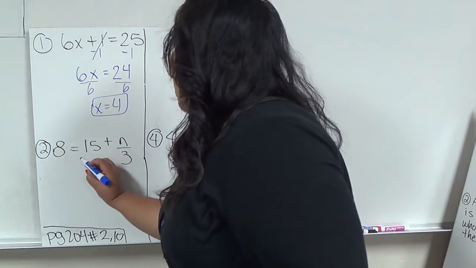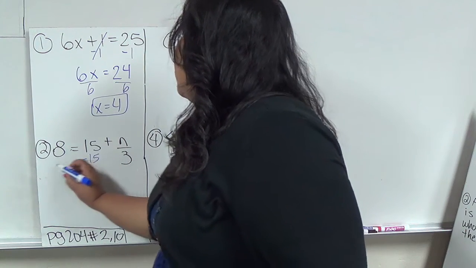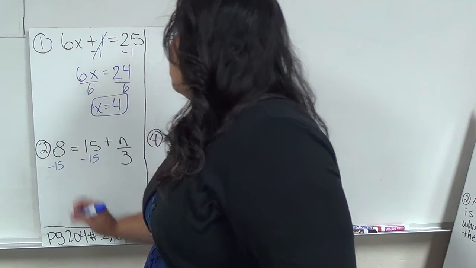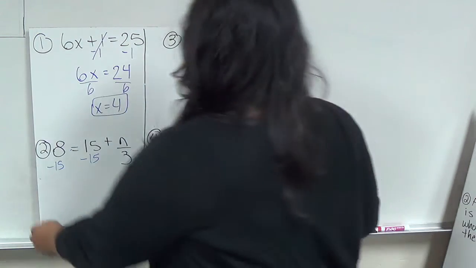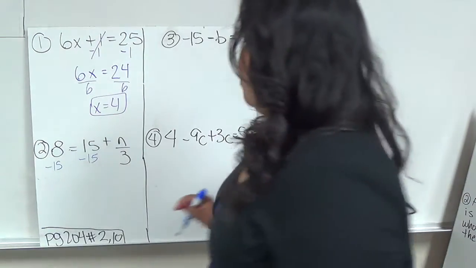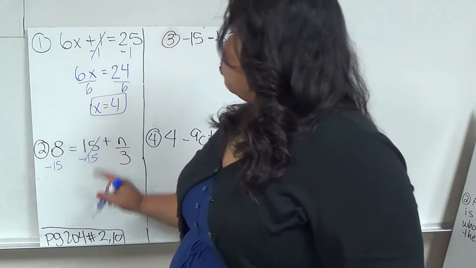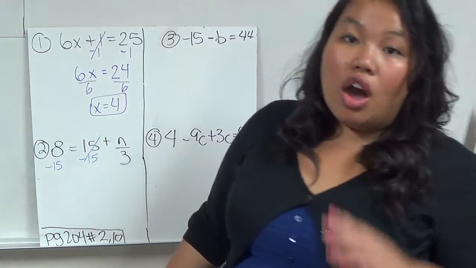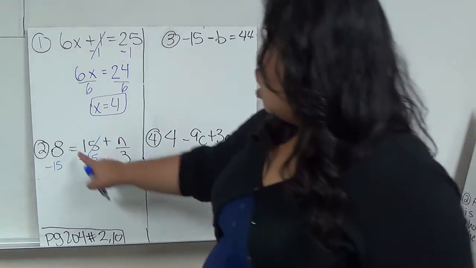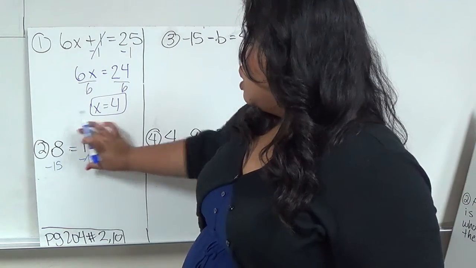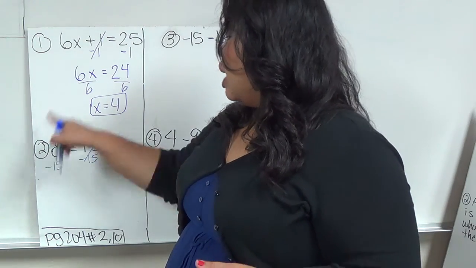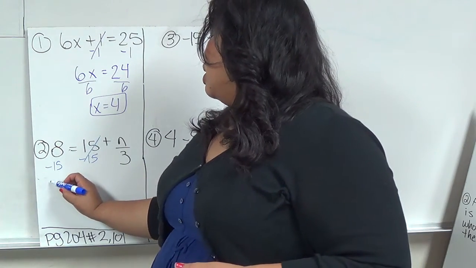Because in order for me to keep balance, it makes it more complicated if I focus on multiplying by 3. So I'm going to subtract 15 first. Okay? So these cancel out because what I do to one side, I have to do to the other. So I'm going to subtract 15 on both sides. I have to do one on this side of the equal sign and one on this side of the equal sign.